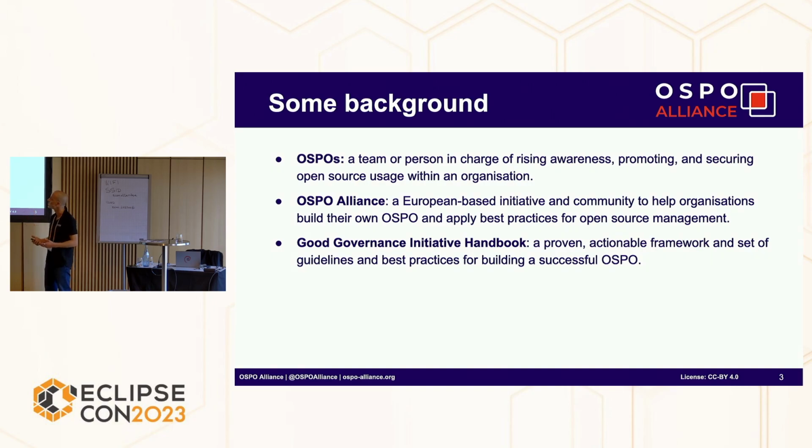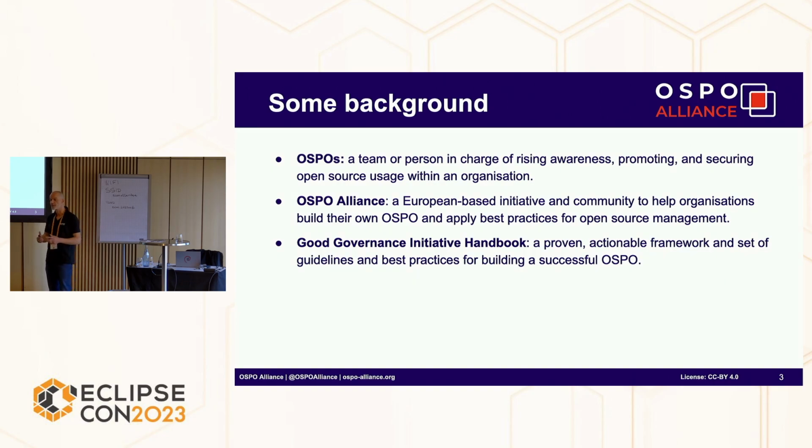And when I say we, it's a set of 4 European-based non-profit organizations that created 3 years ago the OSPO Alliance. It's basically a community and a set of guidelines to help organizations build their own, so define and build their OSPO, and generally speaking, apply best practices for open source management within the organization.